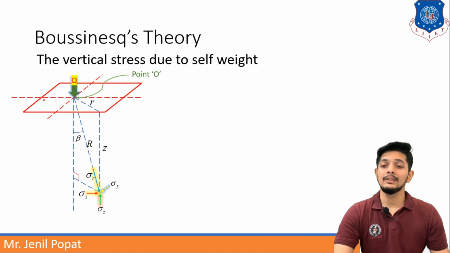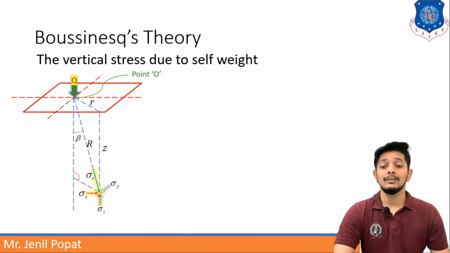In this example, this red square is assumed as the soil surface, and this point O is the point under concentrated load Q. Let us say point P is a point where we want to find the stresses induced according to Boussinesq theory. At point P there will be stresses in all three directions: sigma x, sigma y, and sigma z.